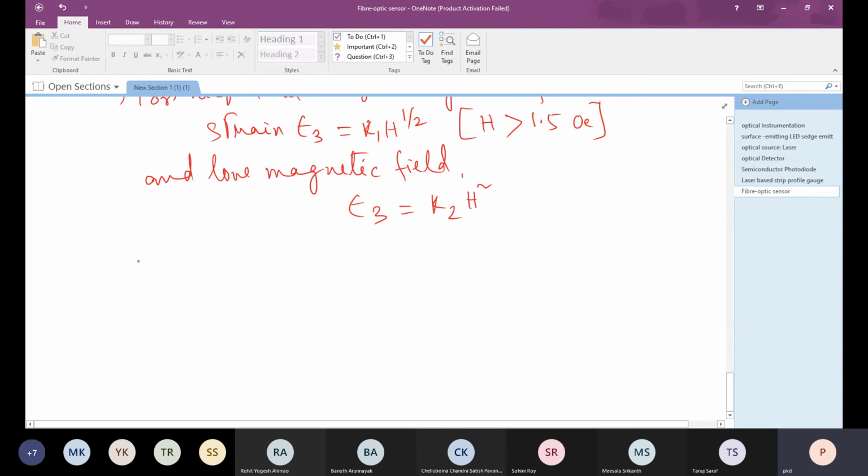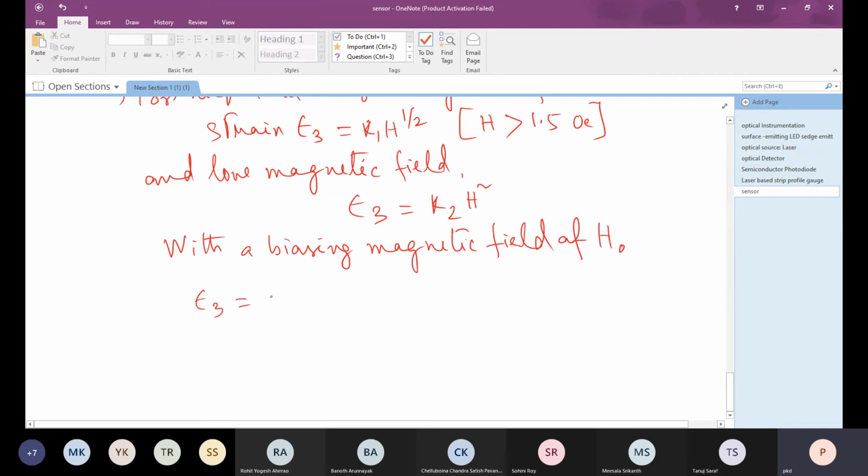So a biasing magnetic field H0 can be used: epsilon 3 is equal to K1 times (H0 plus H1 sine omega t), assuming an AC magnetic field, the whole to the power half.